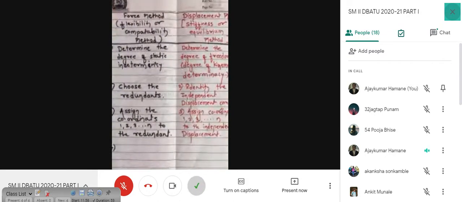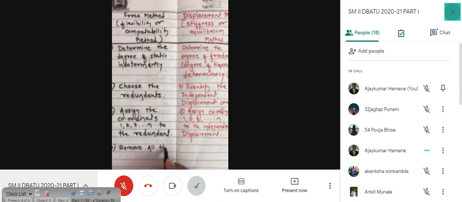Now the fourth step. What is the fourth one? Remove all the redundants to obtain the released structure. I will explain all these things, so you should write all these things.